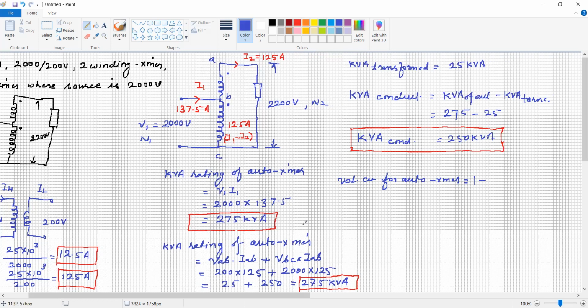Definitely the ratio is N1 upon N2 or N2 upon N1, whichever is smaller, for calculating the copper saving in auto transformer.